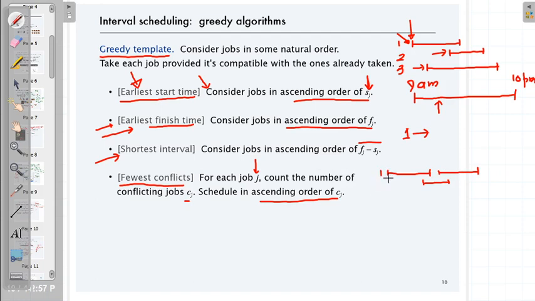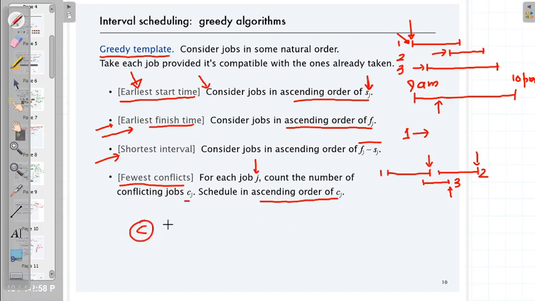This is job number 1, this is job number 2, this is job number 3, and these are their finish times. You have to sort the jobs according to finish time, and in that order consider the jobs, and if they are compatible, schedule the job in that classroom.